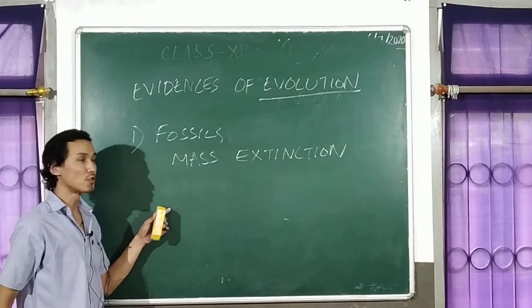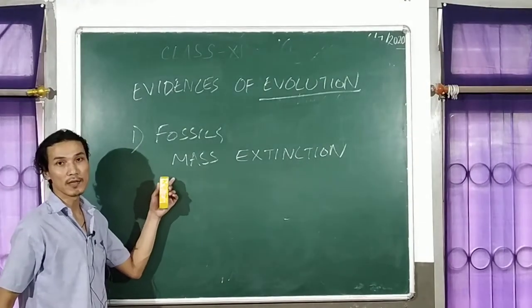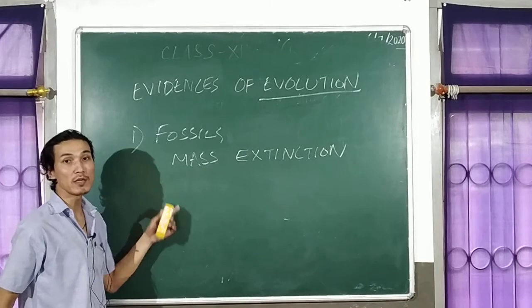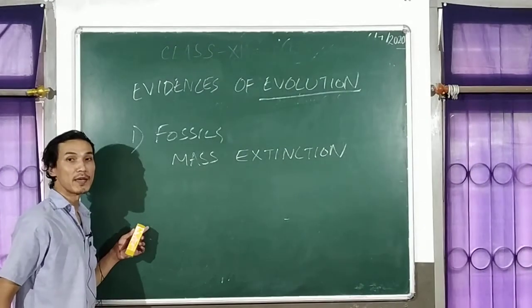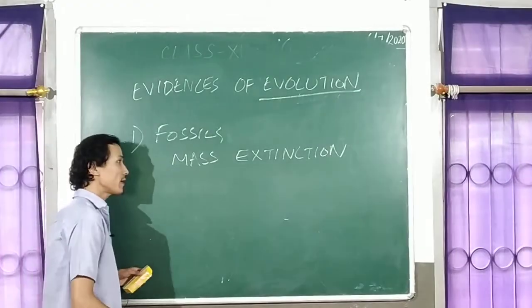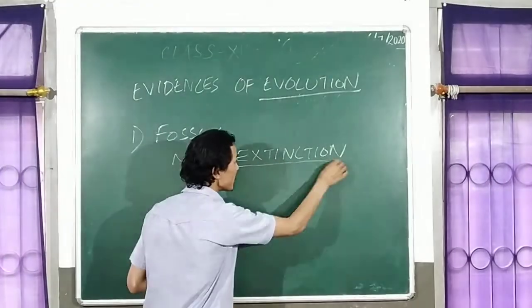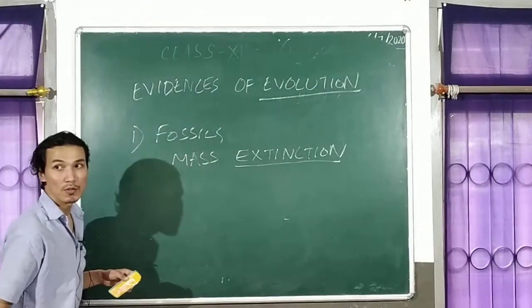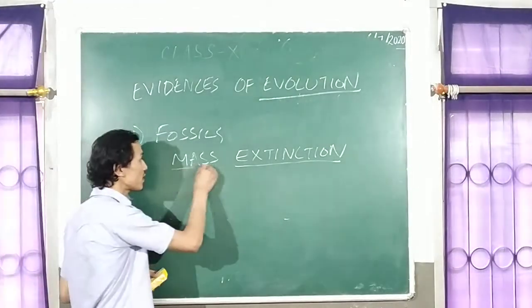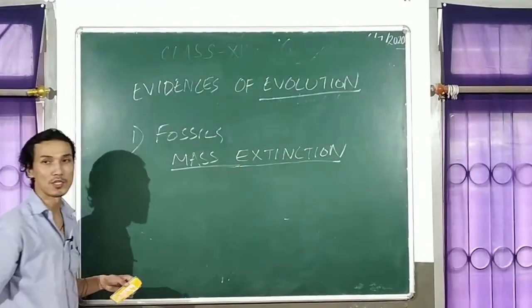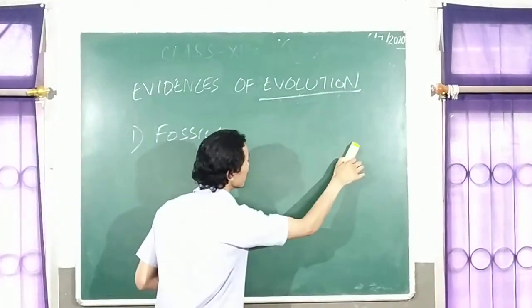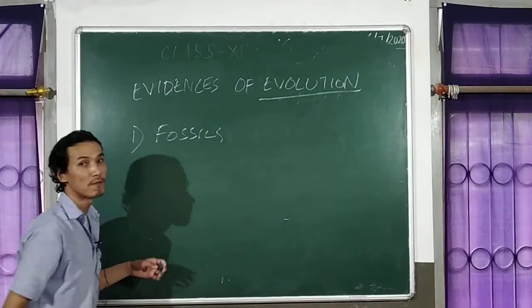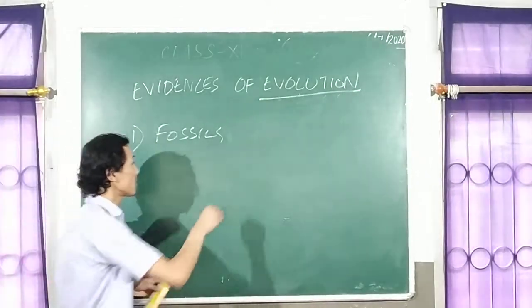In the Jurassic period you all know that dinosaurs were the most dominant organisms. But due to the strike by a meteoroid, the entire dinosaurs became extinct. This particular phenomenon is called mass extinction. Clear?